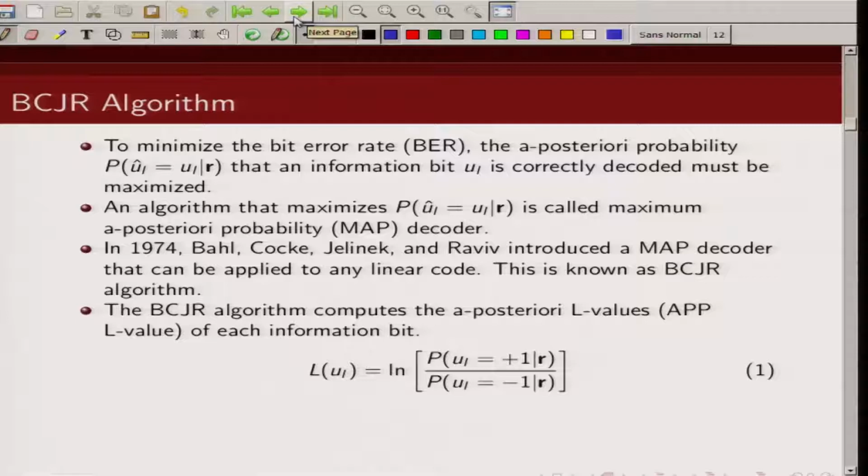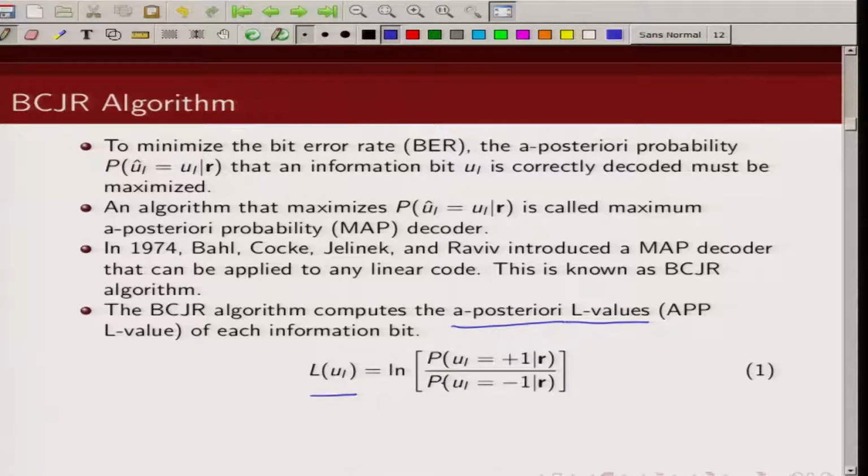So, what this algorithm does, it computes the a posteriori probability. I define a posteriori log likelihood value, I call it L value, like this. It basically computes the probability of U_l being +1 given a received sequence R divided by the probability of U_l being -1 given received sequence R. Take a log of that.